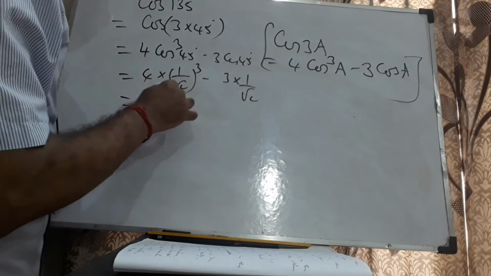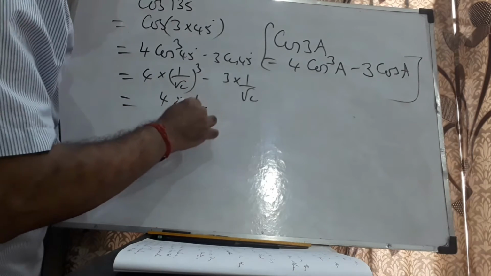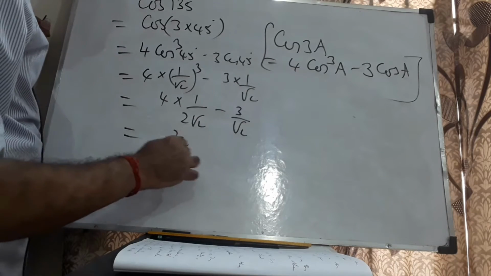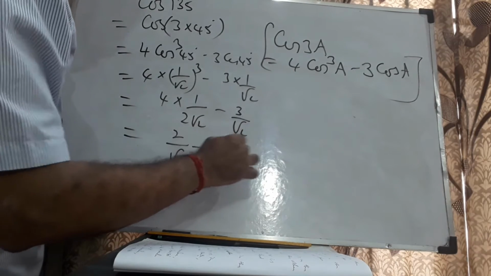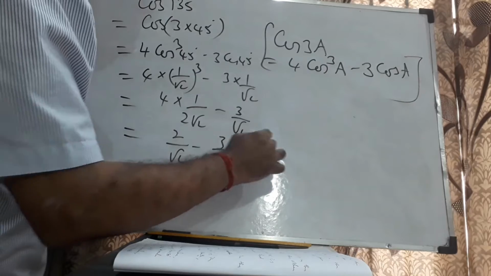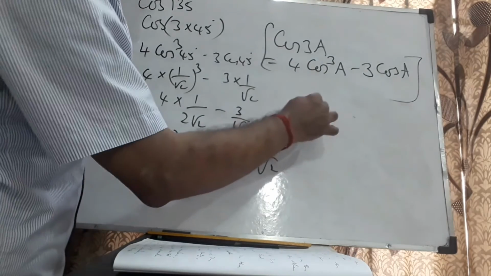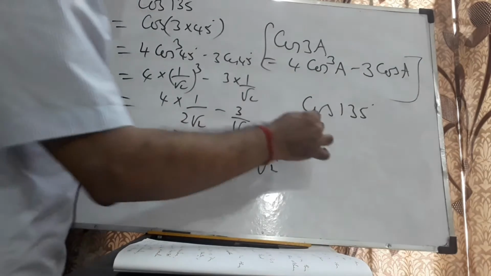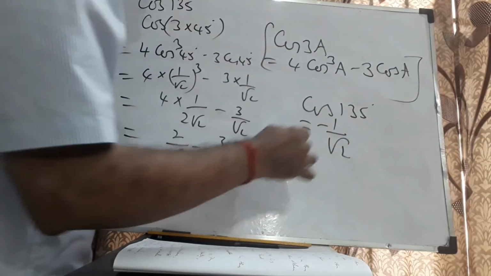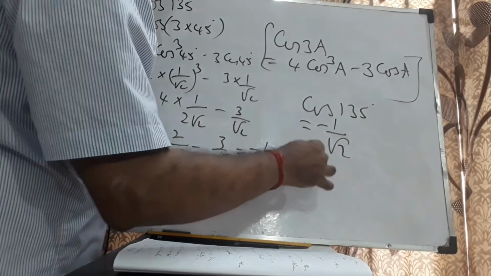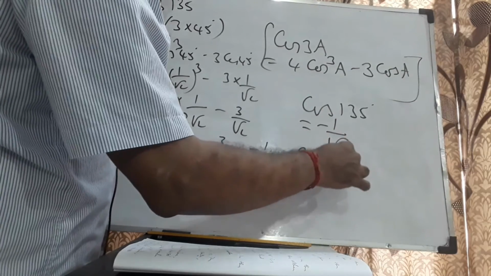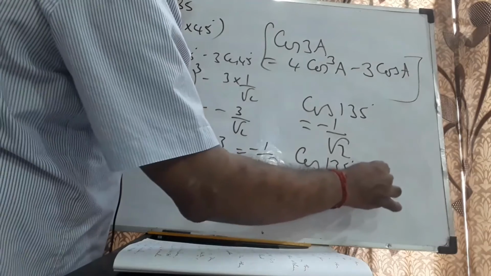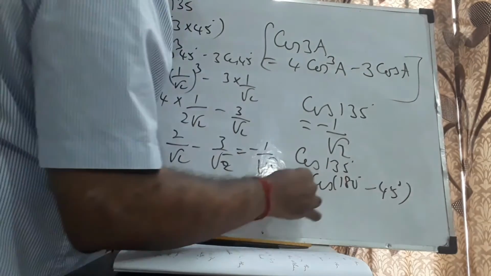This is anyway 4 into 1 by 2 root 2 minus 3 by root 2, which is 2 by root 2 minus 3 by root 2, which is reduced to minus 1 by root 2. Therefore, the final answer for cos 135 degrees is minus 1 by root 2. Just listen carefully, for verification, what I will do here is, I can very well write this as 180 degrees minus 45 degrees.